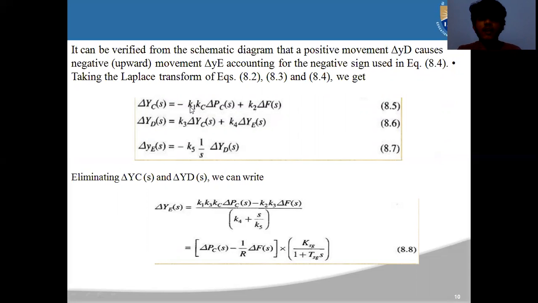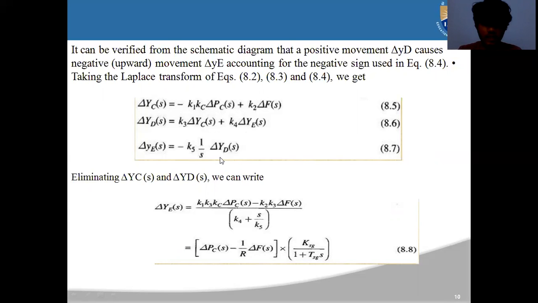By taking the Laplace transform of the above equations, we get delta Yc equals minus K1 Kc delta Pc of s plus K2 delta F of s, and delta Yd of s is K3 delta Yc plus K4 delta Ye, and delta Ye of s equals minus K5 times 1 by s of delta Yd.